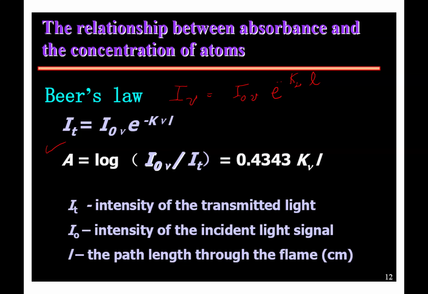So this is really using Beer's law, and the emphasis is the relationship between absorbance and the concentration of the atoms. The amount of light absorbed is directly proportional to the concentration of the atoms. That's what this is saying here.